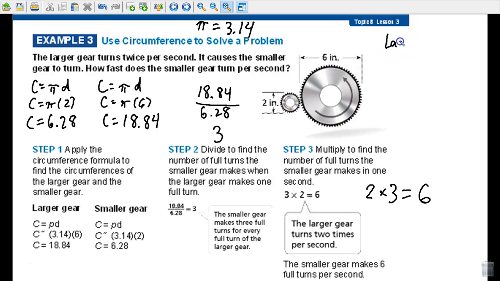So large gear equals twice per second, and then the small gear is 6 times per second.